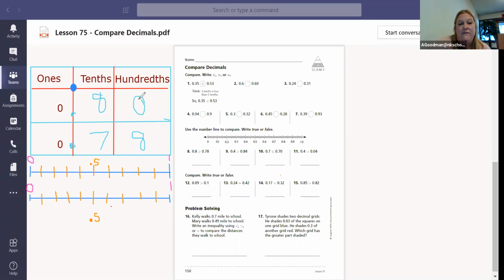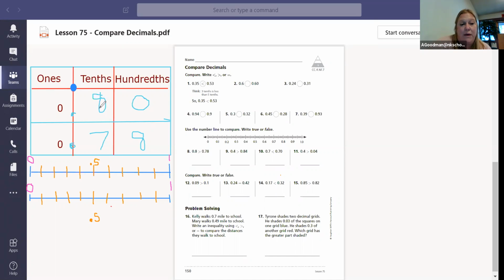So if you didn't have this 0 here, it might look like, oh, well, 78 is bigger than 8. That's tricky. That's why it's kind of helpful to fill in that hundredth spot. So then you compare decimals with the same amount of digits after the decimal point.